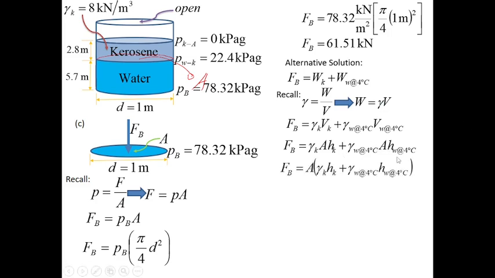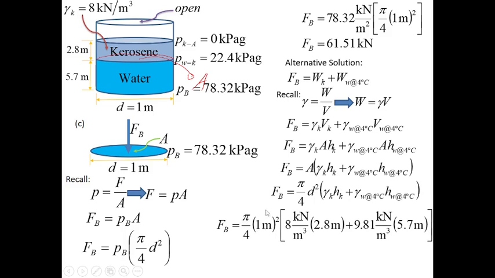We can factor out A. This will now be the simplification. And the area A is pi over 4 D squared.